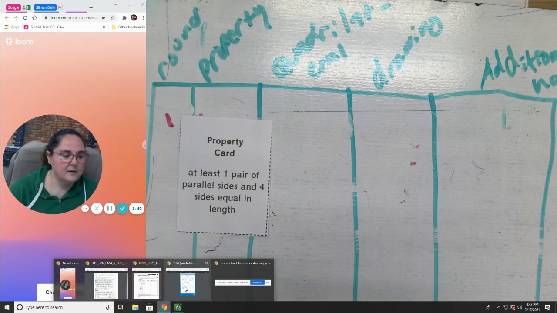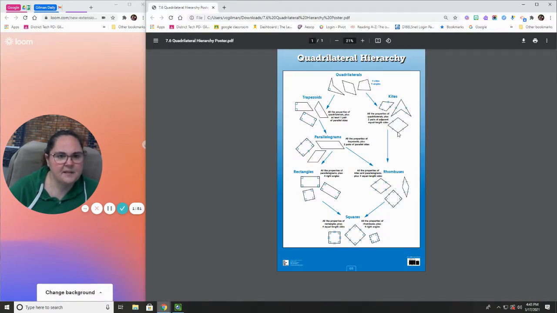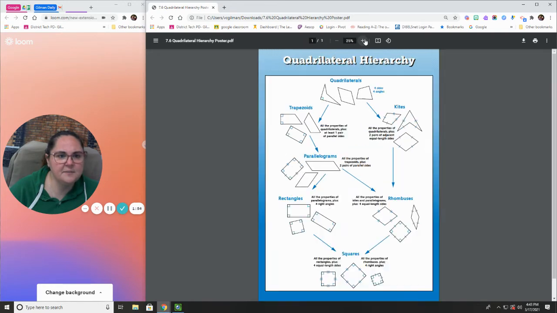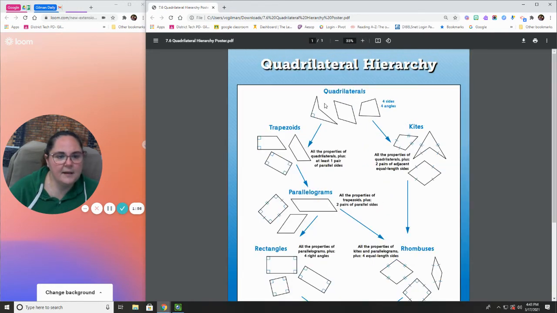Let's zoom in a little bit. One pair of parallel sides. And it said all sides are equal in length. Two pairs of parallel sides. Four right angles?